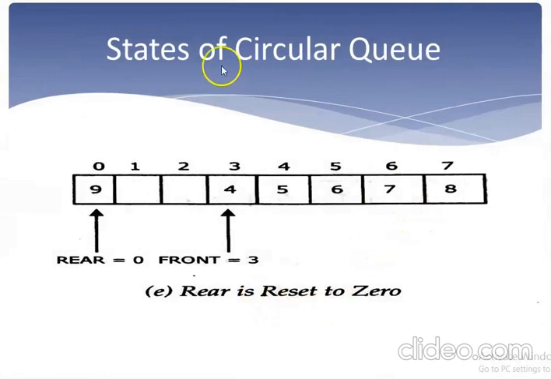So what we should do in this circular queue is reset the rear pointer to 0 so that we can insert an element at this location. So what we see here, rear can appear in front of the front pointer also. So rear is reset to 0 to make use of these empty spaces which come before the front pointer.